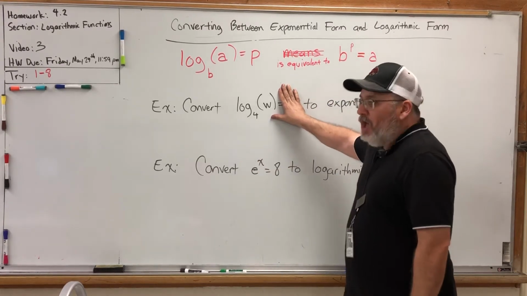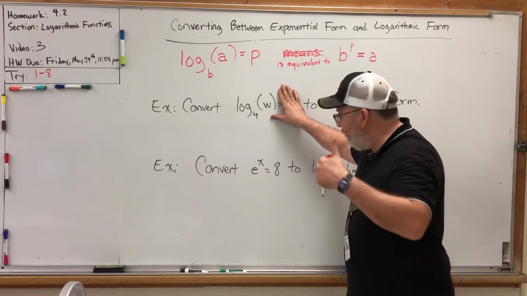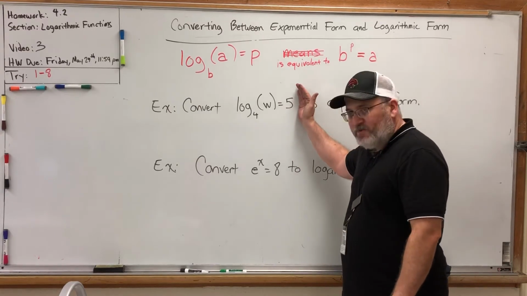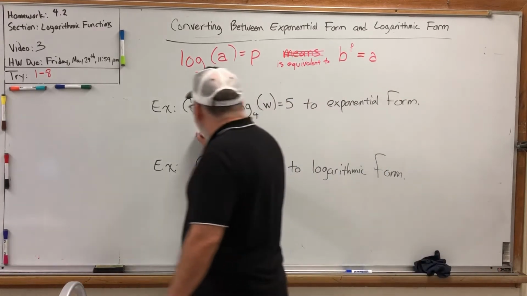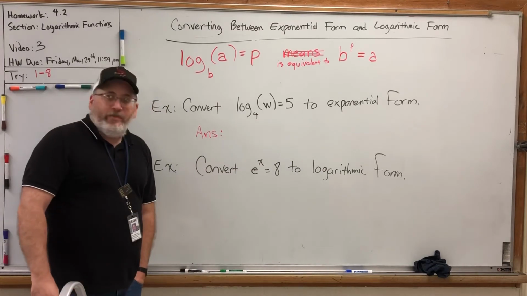In other words, what power would you put on a 4 to get an answer of w, whatever that is? Now this question's been answered for us, the answer is 5. So if you remember what a logarithm is asking you, then it's real easy to rewrite a logarithm in exponential form.